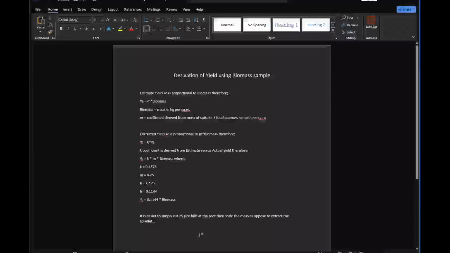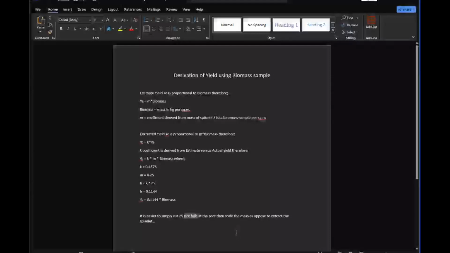Take 25 rice hills and then extract the spikelet, weigh them, and that'll give you your estimates multiplied by 0.4575, and your square meter, and then your hectare, which is 10,000 square meters basically.